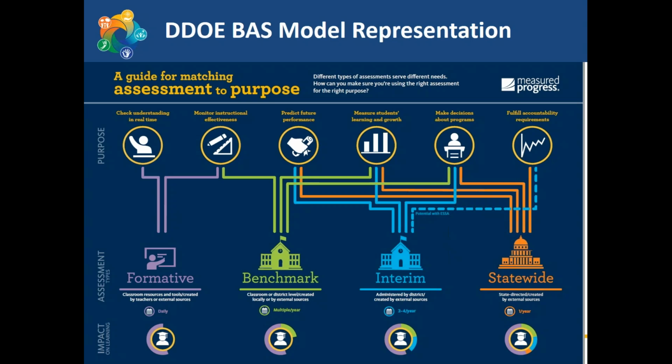Benchmark assessments are indicated in green and occur at multiple points throughout the year and are used at classroom and district levels. Interim assessments, which are shown in blue, are typically given by the school district 2 or 3 times a year. And then the last item, shown in orange, is a statewide assessment that is only given once a year.